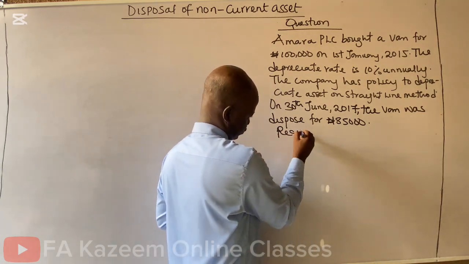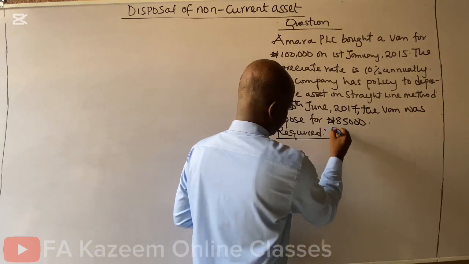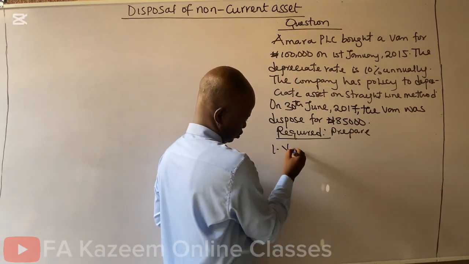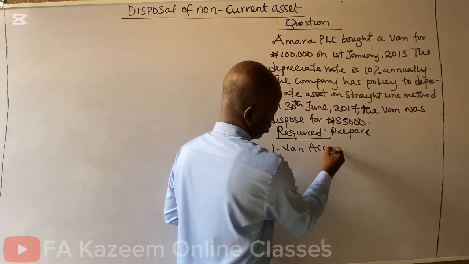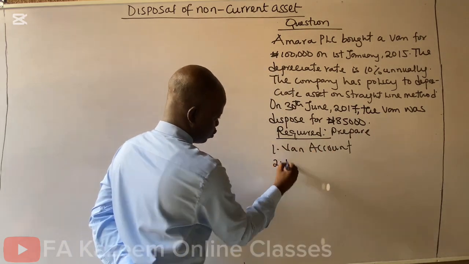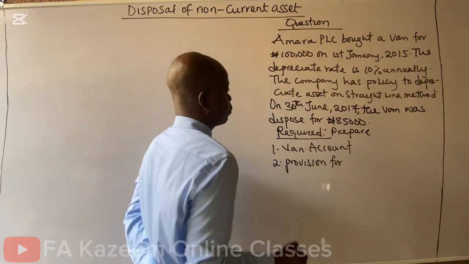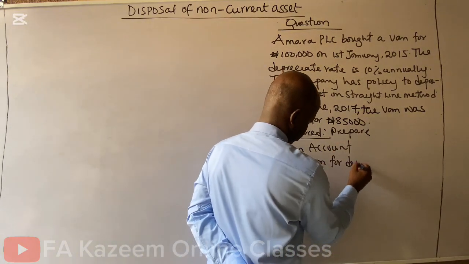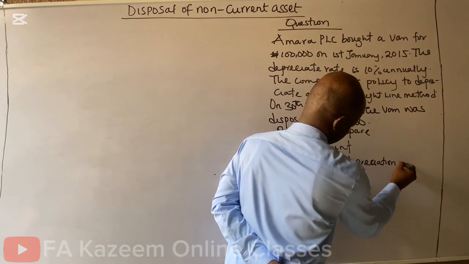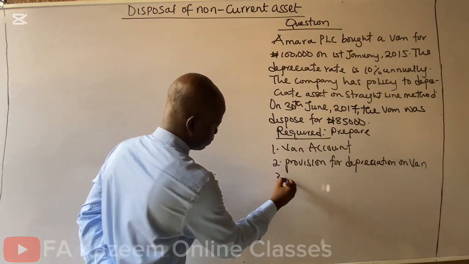Required: prepare 1. Van account. 2. Provision for depreciation on van. 3.